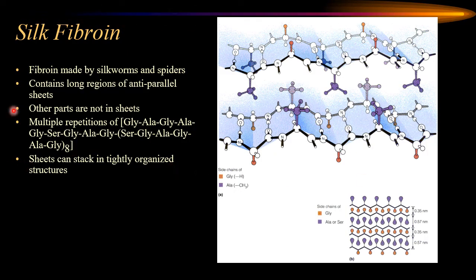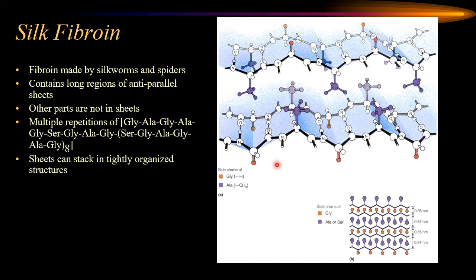How about silk fibroin? Fibroin is made by silkworms and spiders. They're really just long regions of anti-parallel beta sheets. Some parts are not in sheets, but again, you have beta sheets. These are multiple repetitions of glycyl-alanine, glycyl-alanine, glycyl-serine, glycyl-alanine, glycine, and so on.